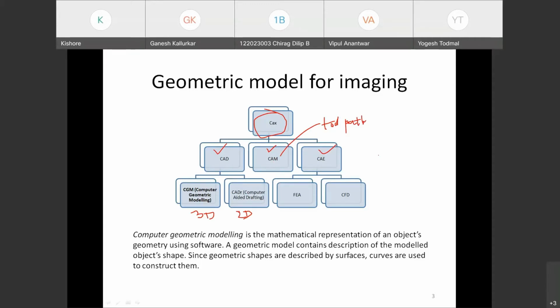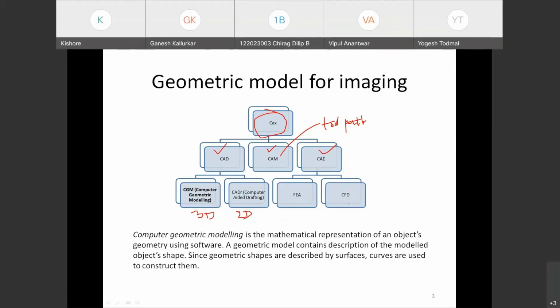Another thing is CAE, which stands for computer aided engineering, which again is subdivided into two broad fields. Those are FEA and CFD. FEA stands for finite element analysis, where we do structural analysis or thermal analysis of a given product or component that you might have designed or drafted using CAD.